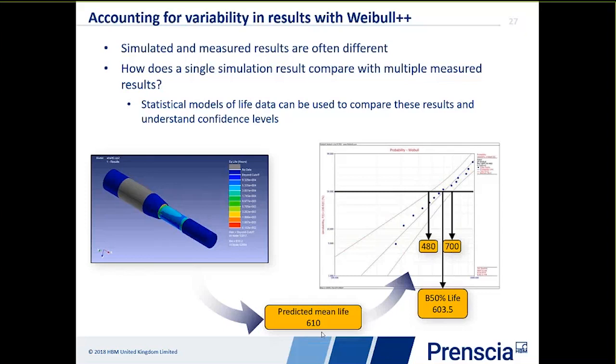But once we've done that, we can then begin to apply things like confidence levels and look at things like the B50% life for a population of specimens. And now we can see that this number here is definitely starting to agree much better with some of the results that we got from FE. And this is all because we've now taken a population and accounted for the variability and looked at a more representative value from that population.